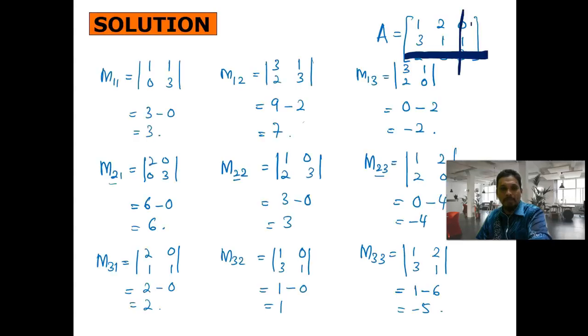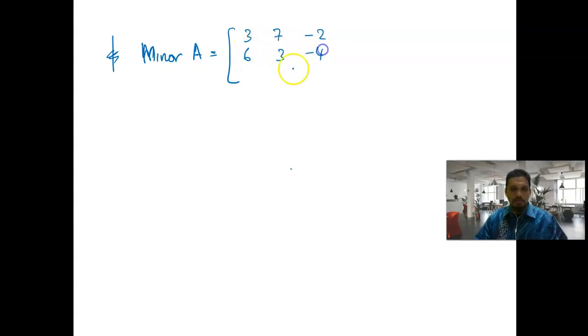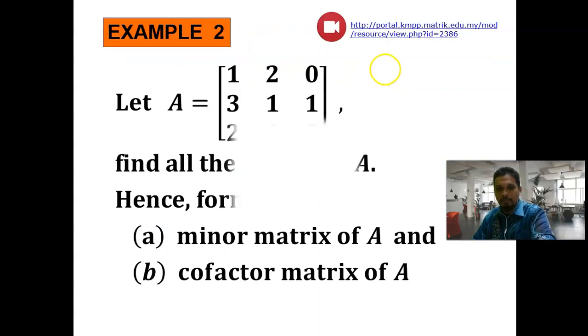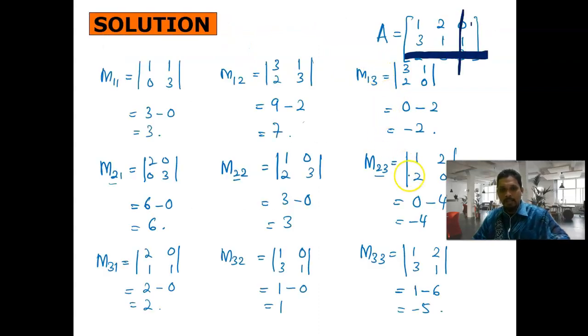Okay, sorry then. Okay, so the minor of A equal to, okay, so we got 3, 7, negative 2, 6, 3, negative 4, and 2, 1, negative 5. Okay, let's see if I can write it here.